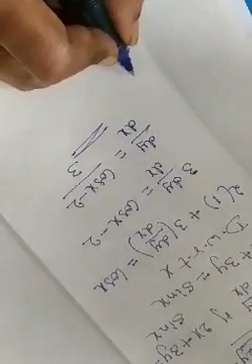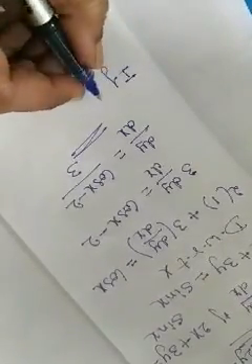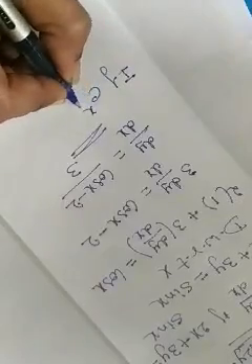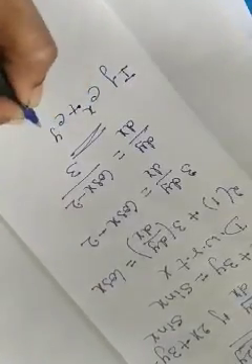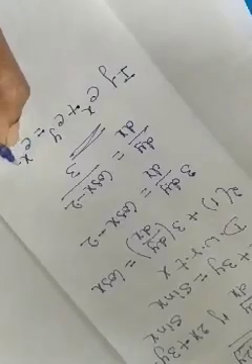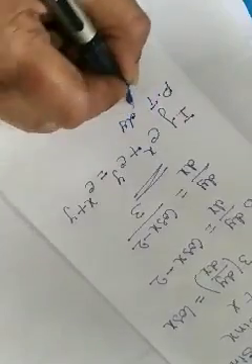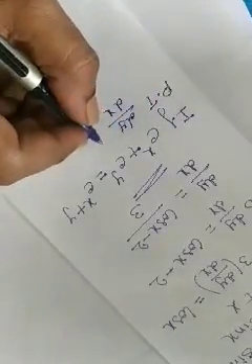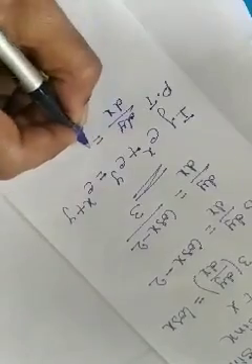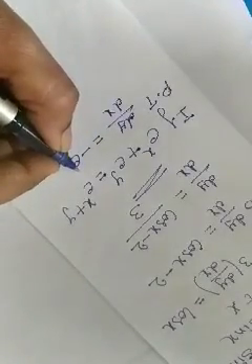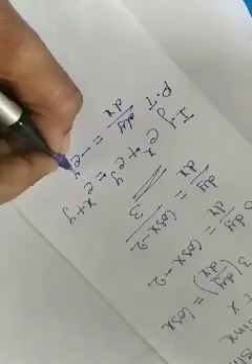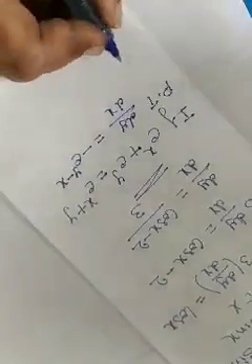Next, if e raised to x plus e raised to y is equal to e raised to x plus y, prove that dy by dx is equal to minus e raised to y minus x.